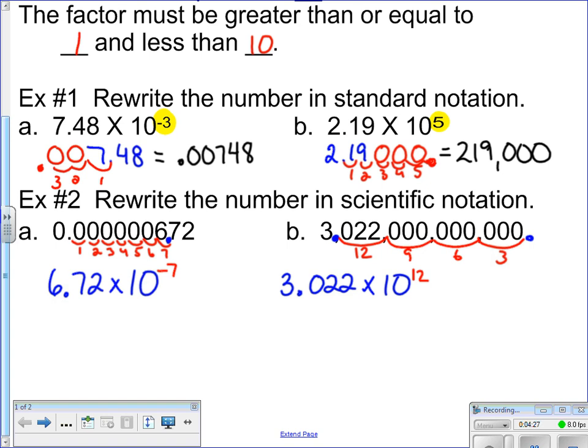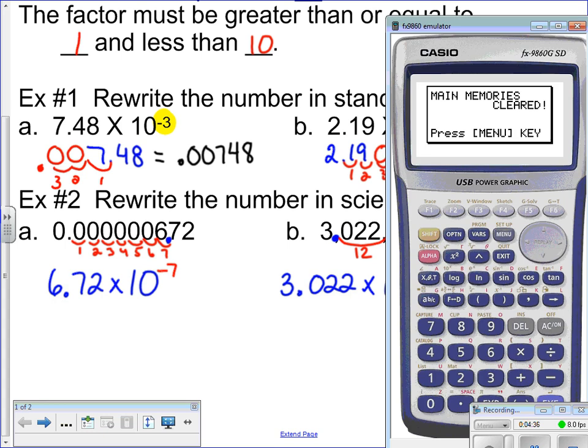Now, if you're using your calculator, the calculator will give you some of these answers. Sometimes the calculator will change it back and forth, but it depends on the number.